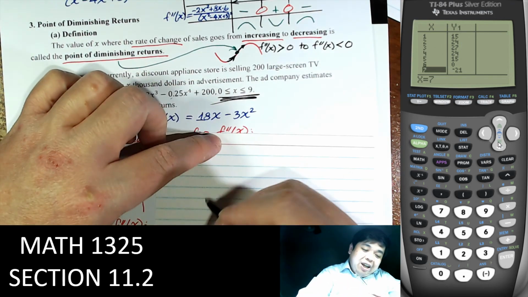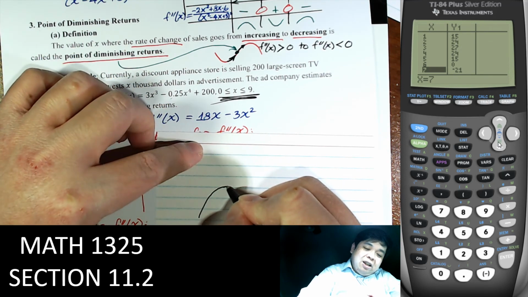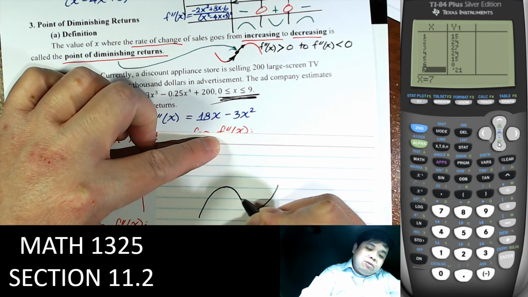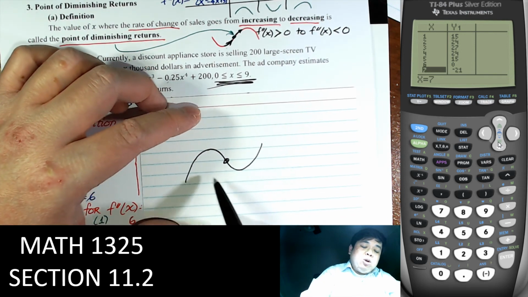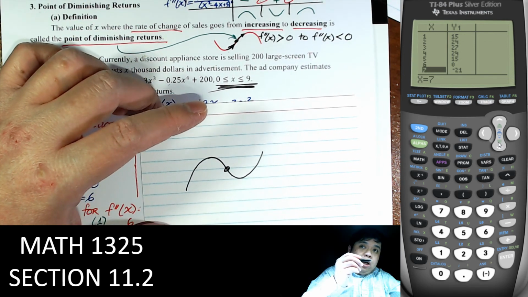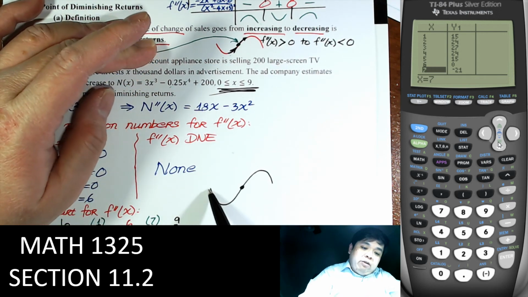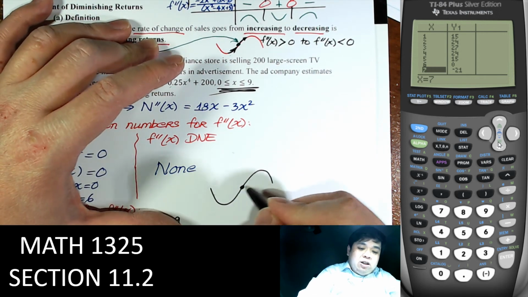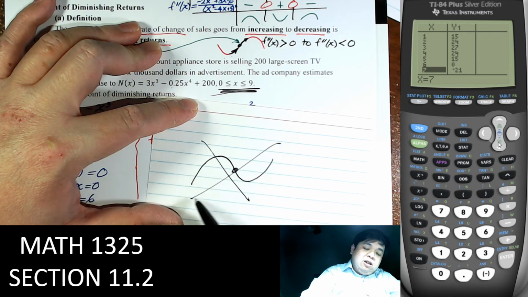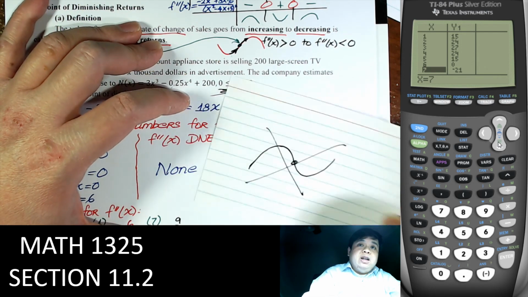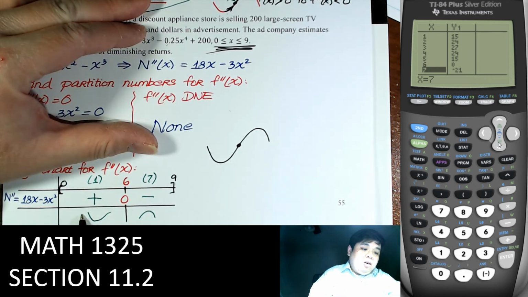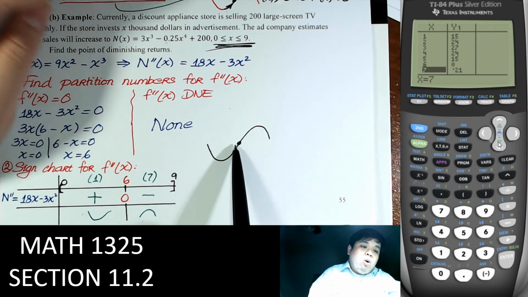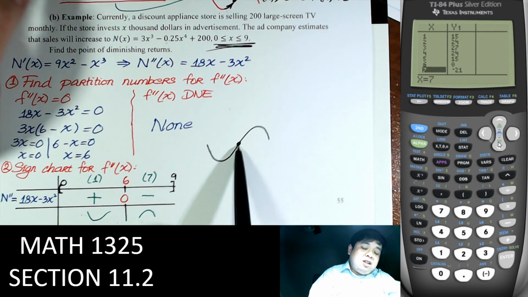Again, if it goes like this, it is not the point of diminishing return. It has to go from concave up to concave down. This is concave down to concave up, so it's not the point of diminishing return. It has to be concave up to concave down. So the point of diminishing return is at 6.